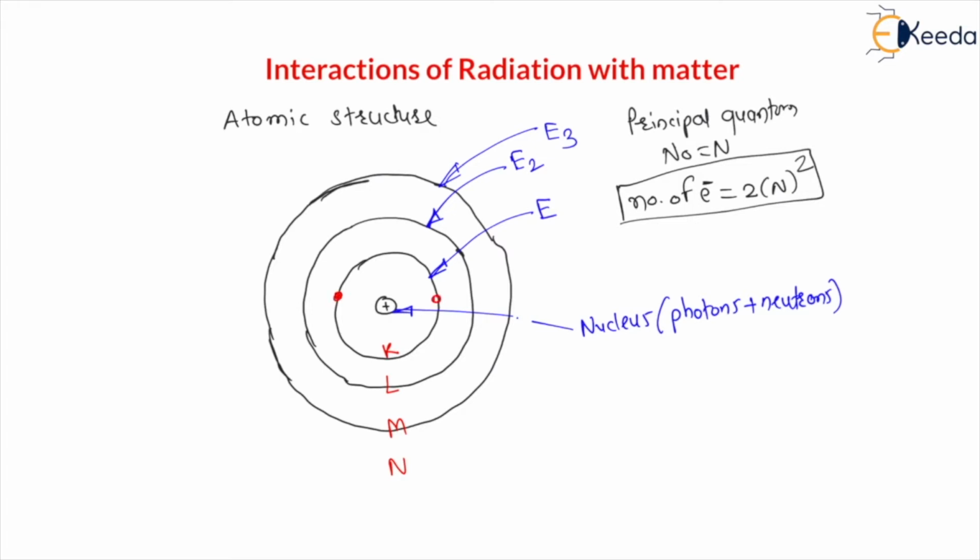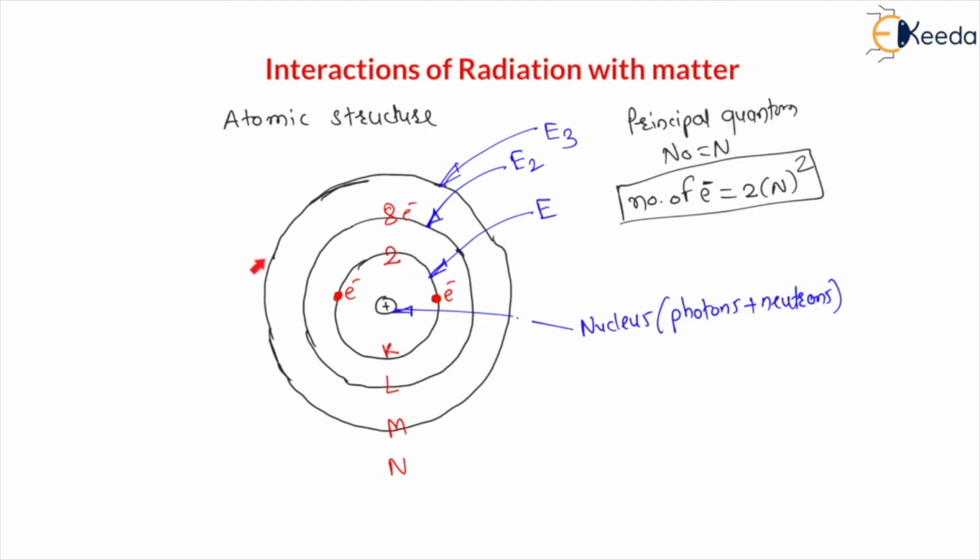Here 1 electron, another electron, right? These are the 2 electrons. Similarly, in this L orbit, n is equal to 2, therefore 2 into 2 square, that is 8. Therefore, here there will be 8 electrons.